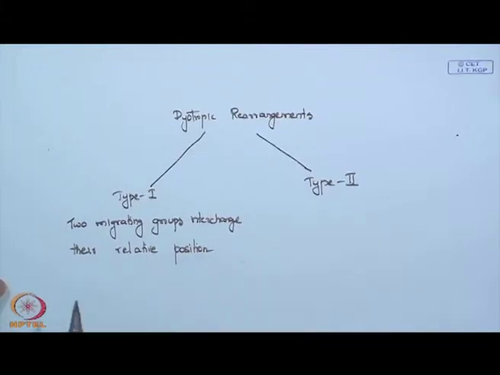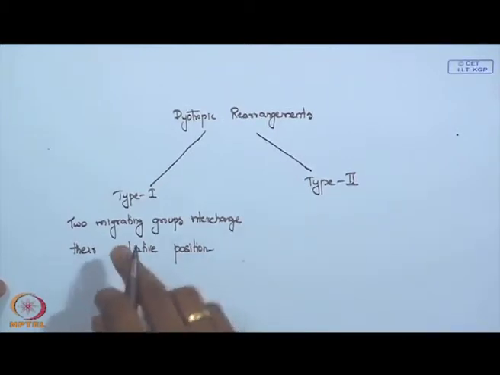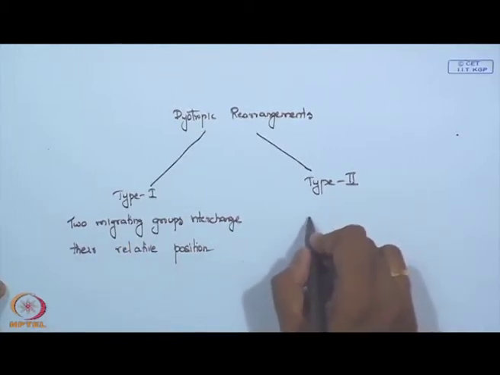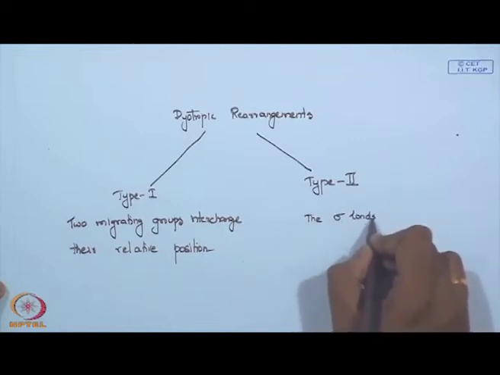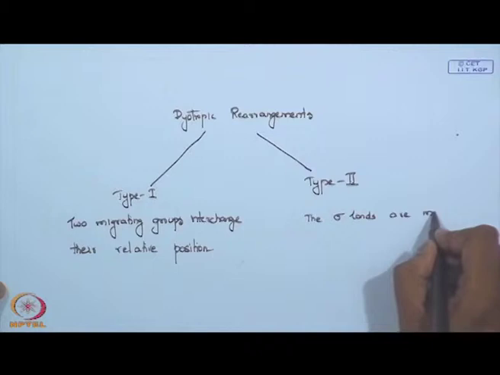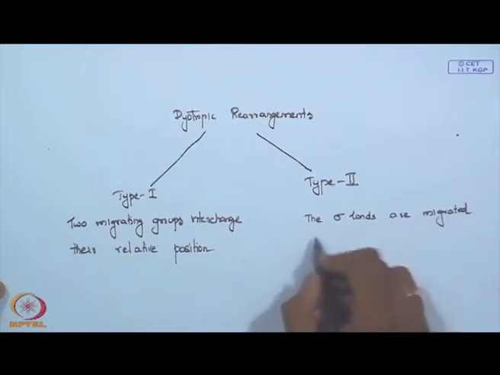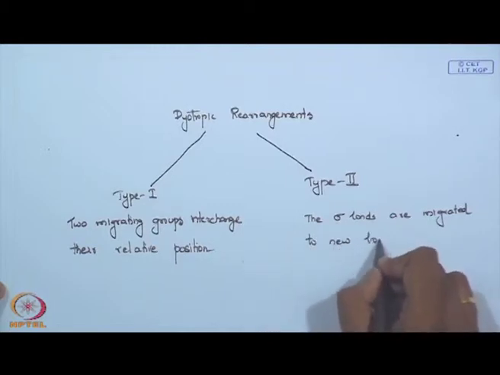In case of type 2, it is your bond, not the group. In this case, the sigma bond is migrated to a new bonding site.